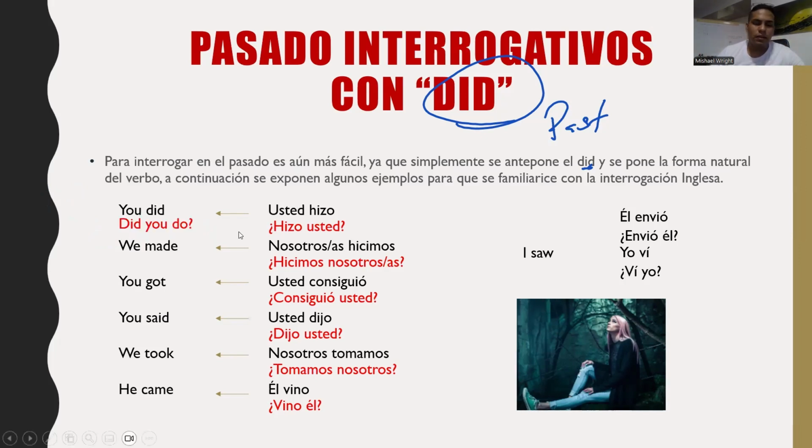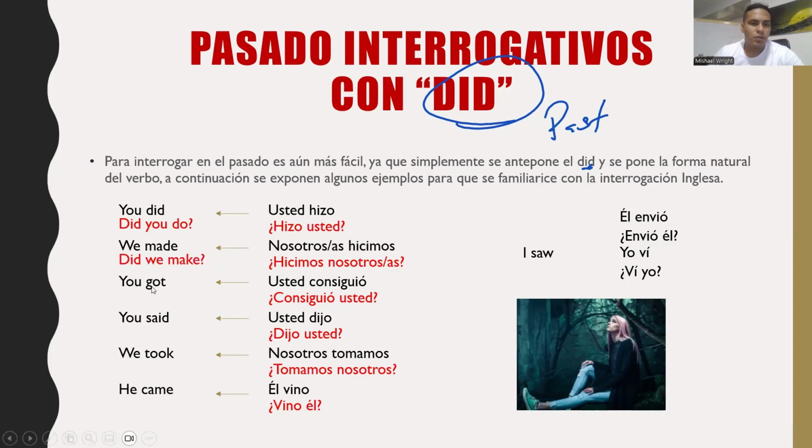So we're going to start with did. Did we, and the natural form of made is make. Did we make? And what did I miss? The question mark at the end. Okay, let's check it out.